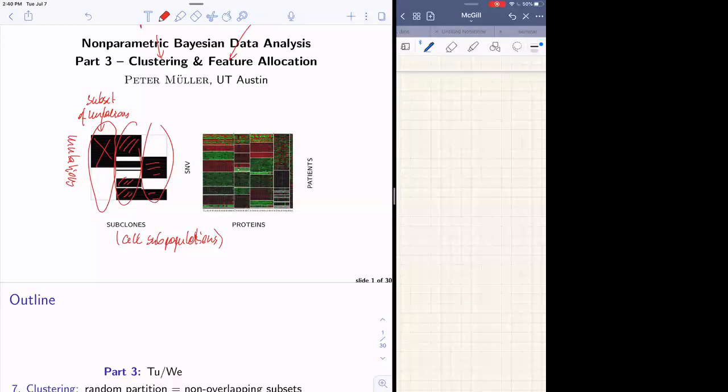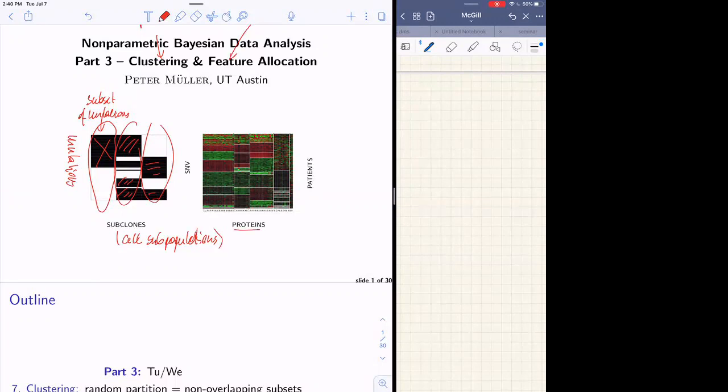On the right-hand side is a different story. Like favorite ball game of people in bioinformatics, and I bet you have seen your share of related talks. Clustering of proteins, clustering of genes, clustering of patients, always with the idea in the back of their mind that, so to start with, on the horizontal axis are proteins.